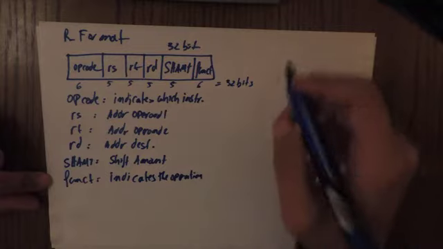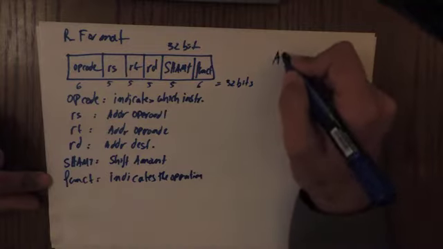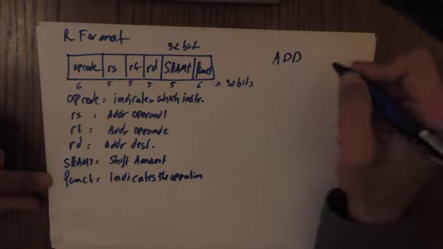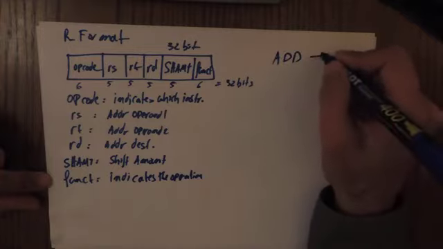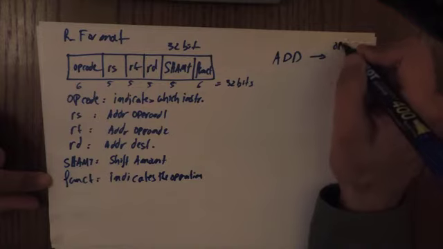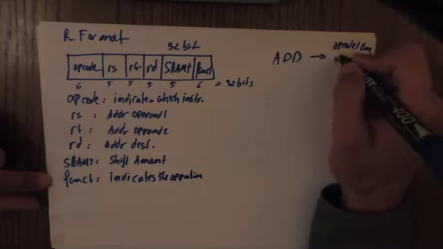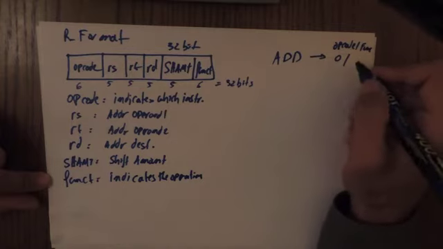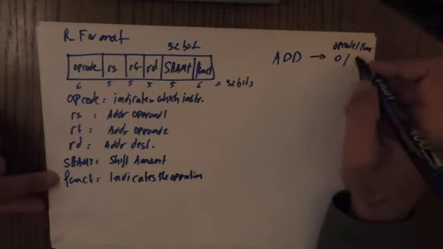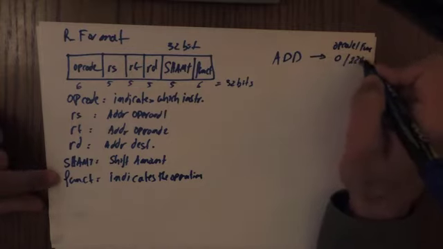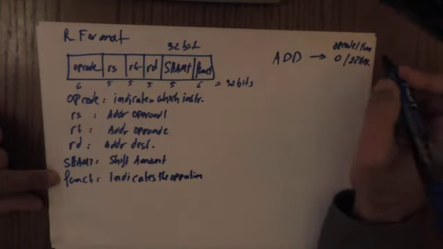For an add instruction, it has an opcode of 0, and the function that is used is 22 hex. This is the value of the function.